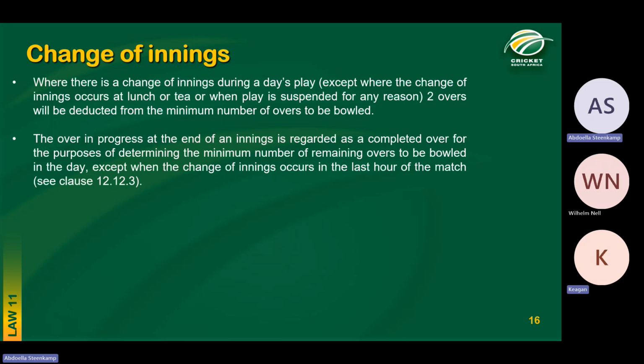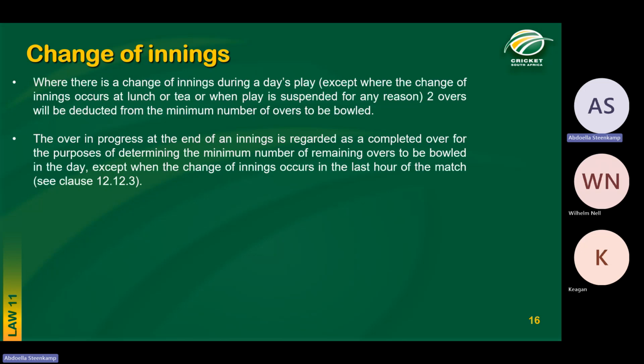So you don't round it up and take that over as a completed over. You need to bowl it because according to the law, you have to bowl 16 overs within the last hour. Yes, agree. You're about 40% there.